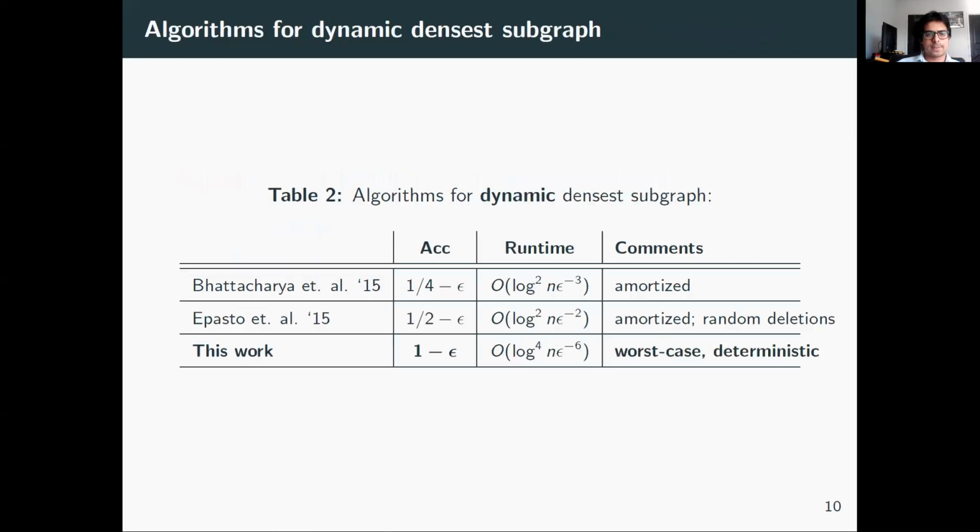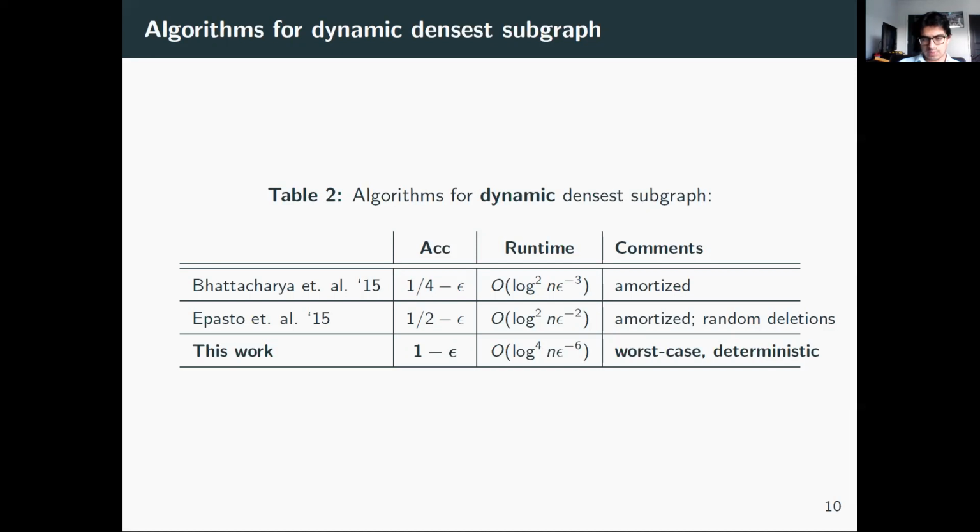All right. So here are some existing algorithms for the dynamic problem. There's a 1/4 approximation algorithm which works in the required runtime and is amortized. There's a similar algorithm which is a bit faster but has the caveat that only random deletions are allowed.